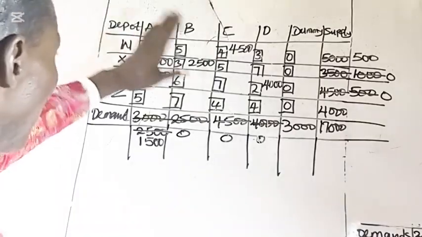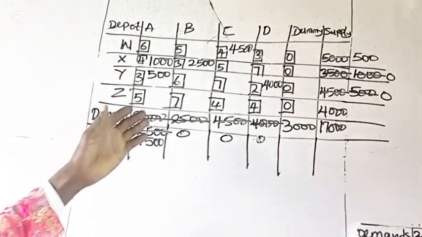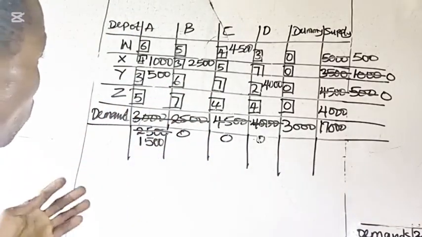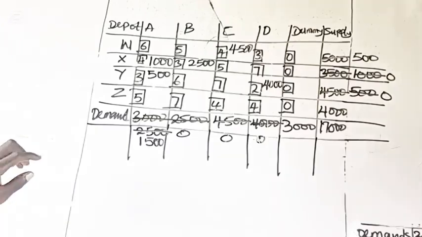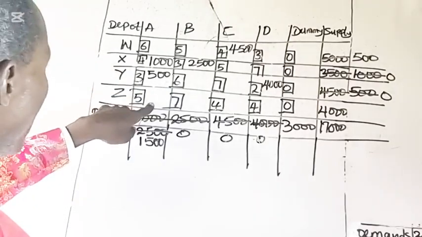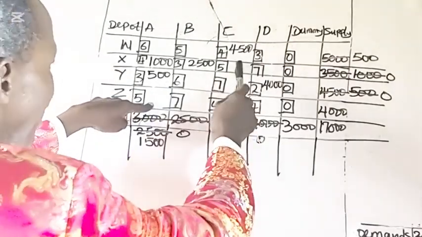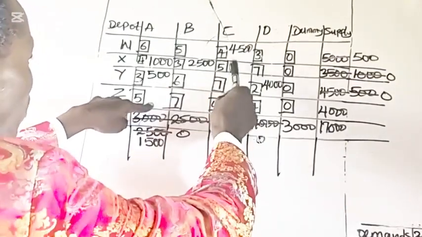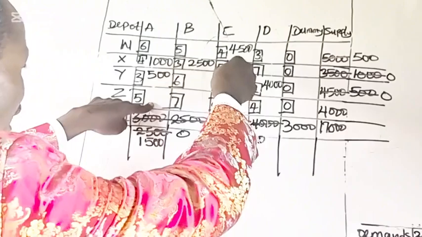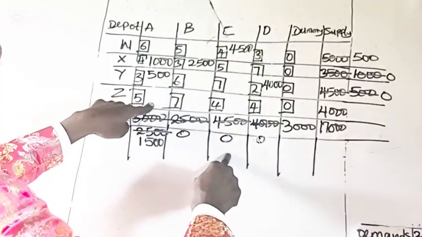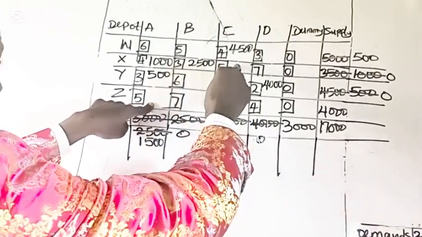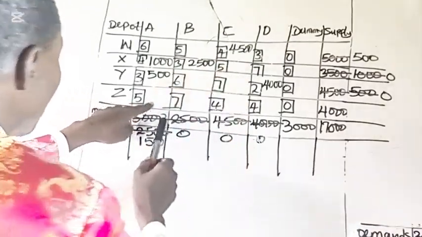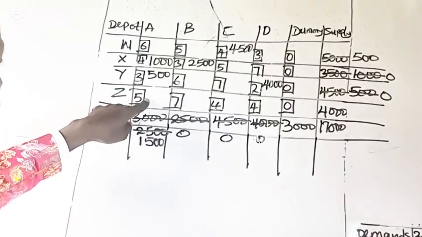Then after 4, since all the 4s have been considered, what is the next least cost? The next least cost we have 5 here, 5 here, but you can't allocate to this 5 since you have exhausted what you have here. You've exhausted what you have in this column. No further allocation can be made to this 5. Now, this 5, you can allocate here.